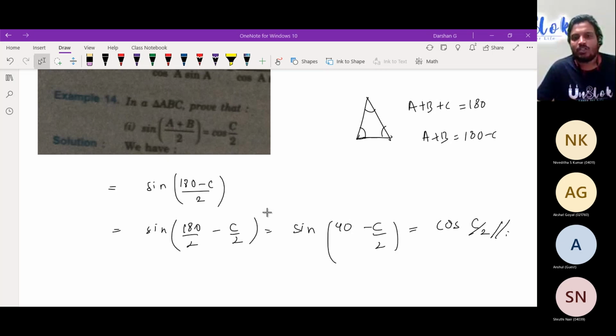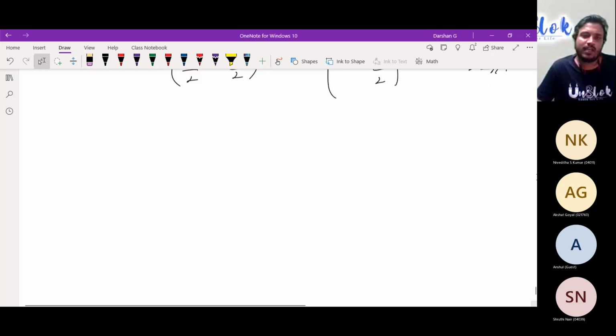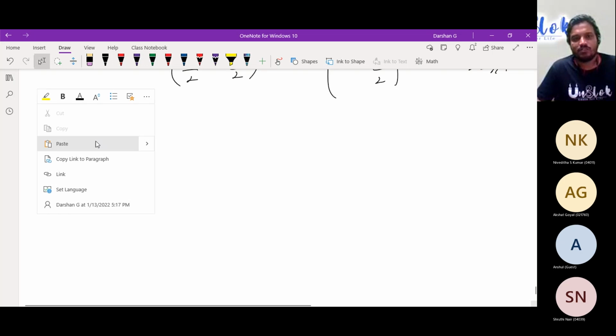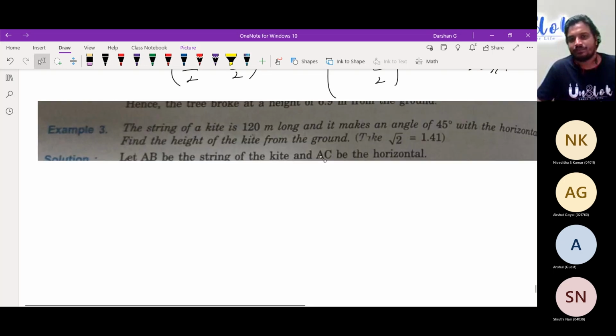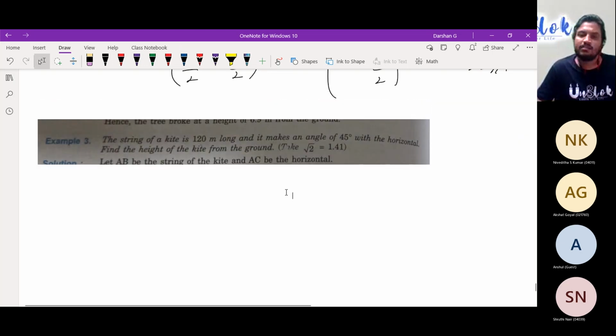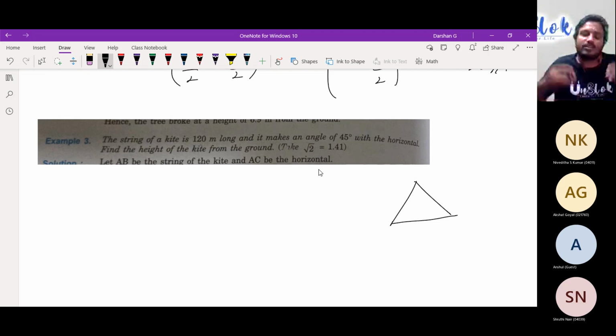Coming to the question Anshul was asking, can we apply trigonometry to any kind of triangle? Can anybody answer this question out of three? Anyone? The answer is yes. You can apply it to any kind of triangle. The reason being, imagine I have an equilateral triangle. All the sides are equal. I don't have any 90-degree angle at all, so I have to worry about the hypotenuse or the adjacent or the opposite side, right?